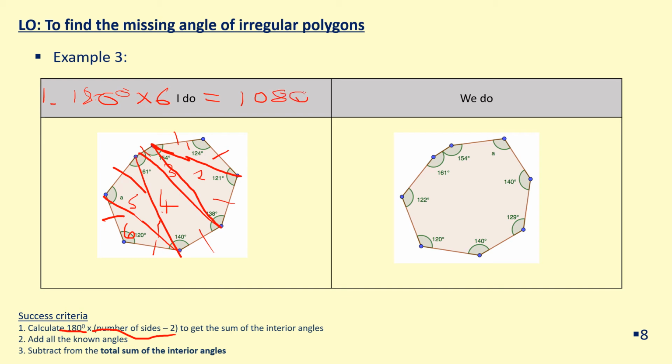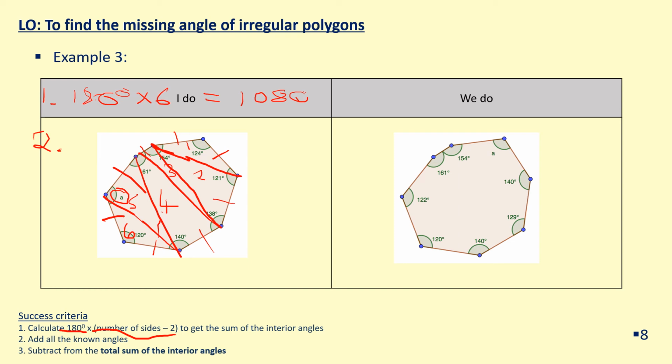Okay, now we need to add all the interior angles, and again we're only missing one. I'll just circle that A quickly so we don't forget about it. So for step 2 we need to add all the known angles. You would probably use the column method if you weren't allowed to use your calculator, just to add these up swiftly.